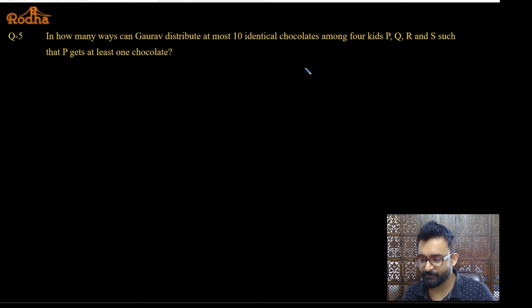Anybody else? In how many ways can Gaurav distribute at most 10 identical chocolates among 4 kids P, Q, R and S such that P gets at least 1 chocolate?